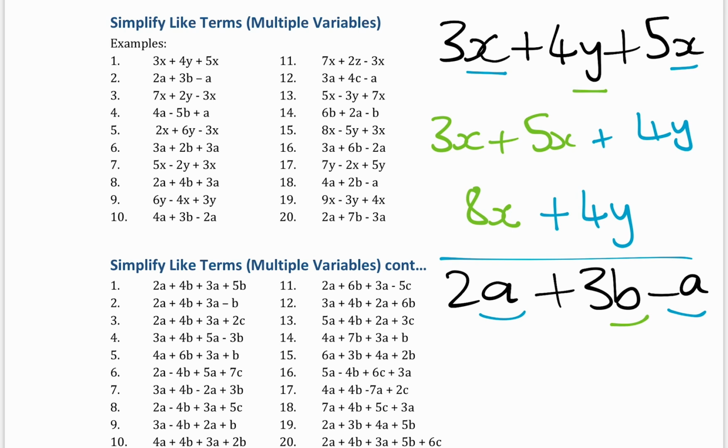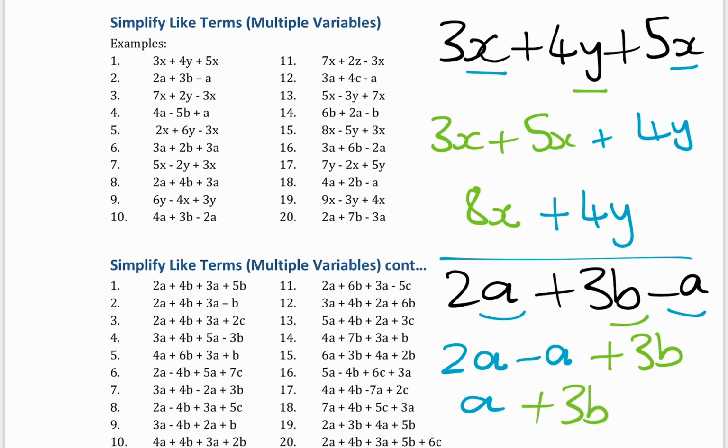If you do the sum, you're first going to say 2a minus a, and then you're also going to add the 3b. 2a minus a is 1a, but you don't need to write the 1. You can leave the 1 out and just write a, but don't forget you also have the 3b.